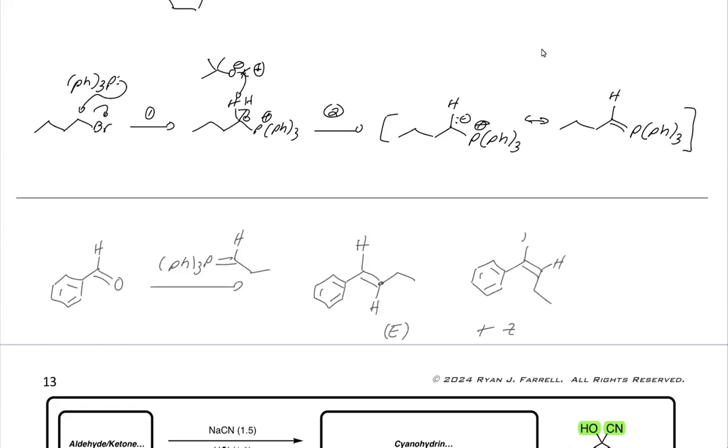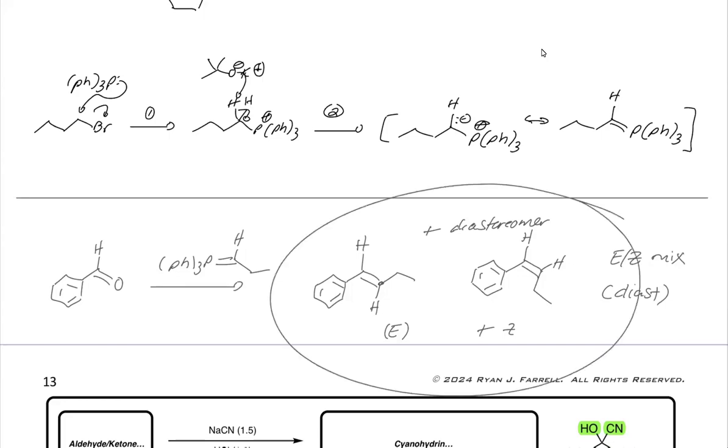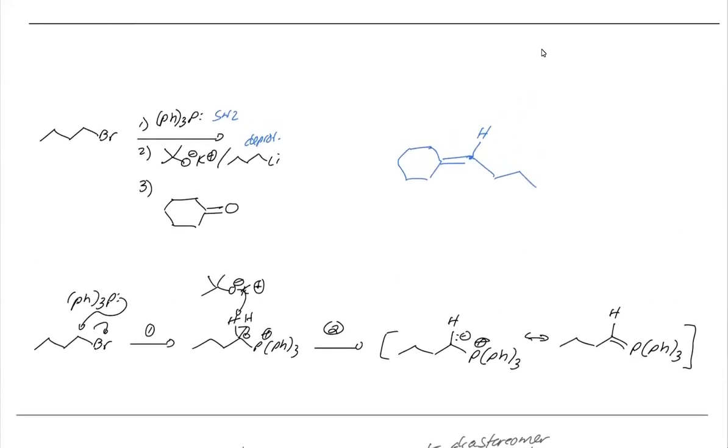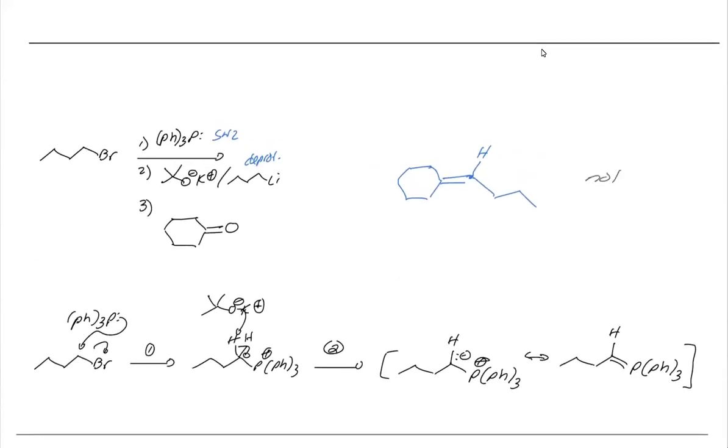Okay. And what I would say is on your exam, you could maybe draw the E version and then write plus diastereomer, or you could write E/Z mix and then annotate diastereomer. Now, that's necessary if you're forming an alkene pi bond as a result of the Wittig that does have E versus Z stereochemistry. Notice in this example here, this was not classifiable as E versus Z, which is why I didn't have to designate plus diastereomer.